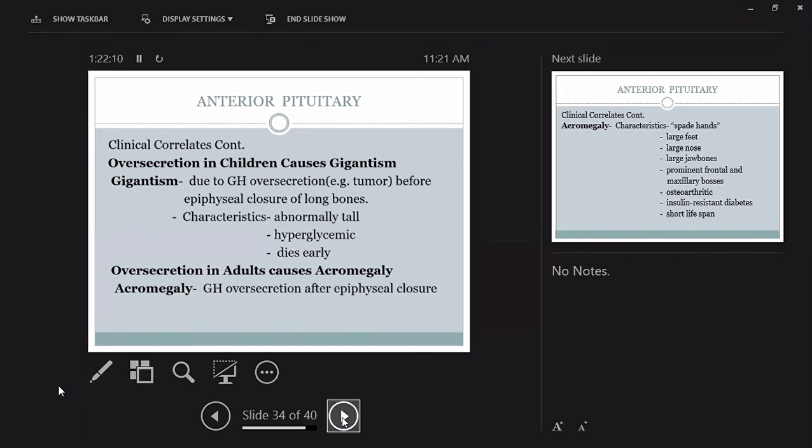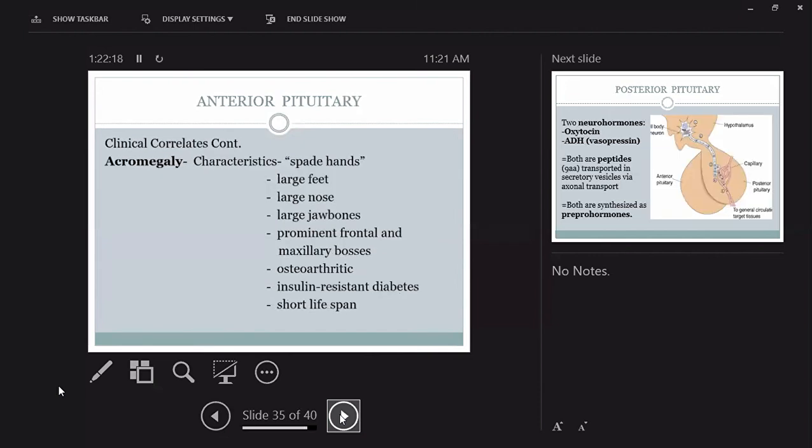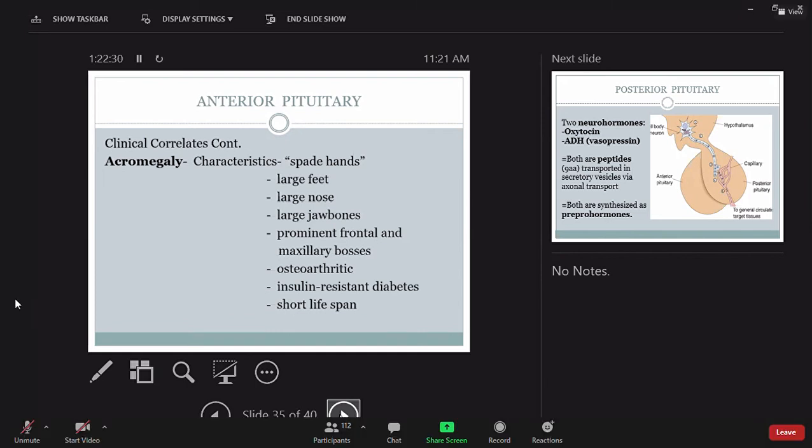Growth hormone oversecretion after epiphyseal closure. Characteristics of acromegaly: spade hands, large feet, large nose, large jaw bones, prominent frontal and maxillary bosses, osteoarthritic, insulin-resistant diabetes. So there is also a short lifespan.